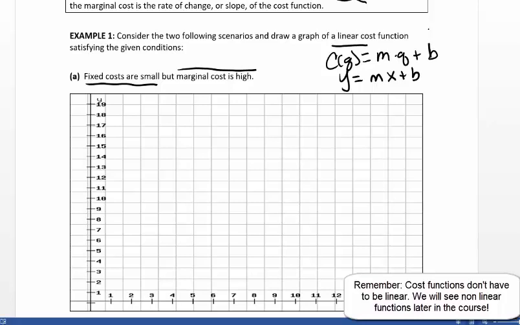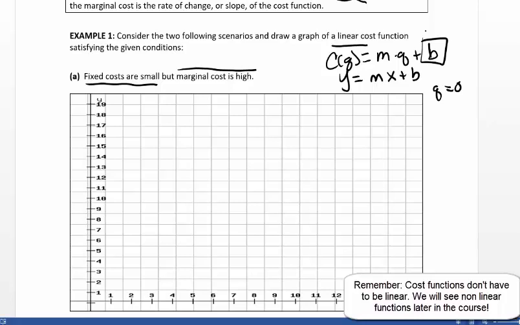The difference here is I swapped out the names of the dependent and independent variable just to match it up to our thinking. So the fixed costs are our costs even if we produce zero quantity. So if Q were to equal 0, that would leave us with just b, right, which is our vertical intercept.